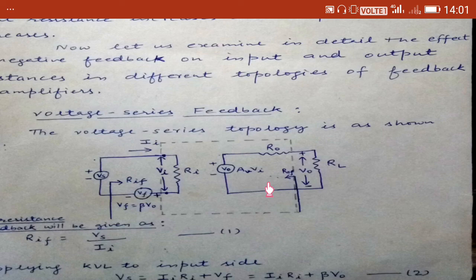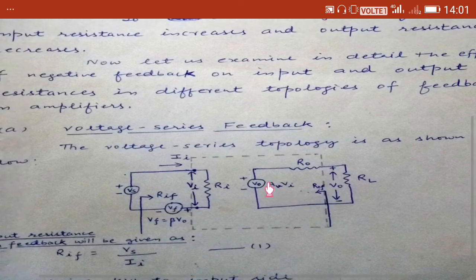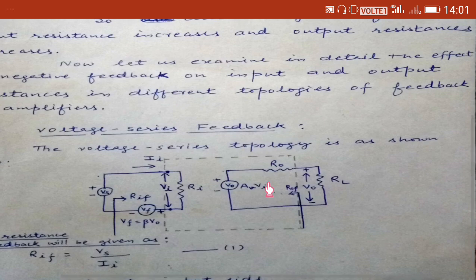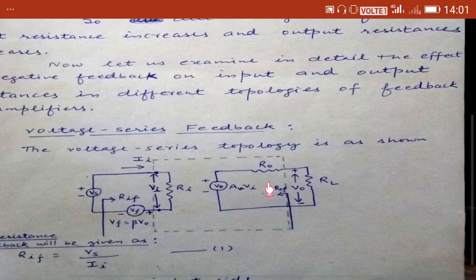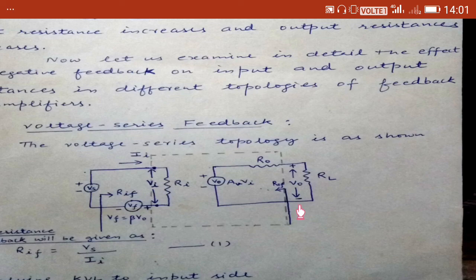So what is ROF? ROF is this. And what is R naught? R naught is this. What is the relationship between ROF and R naught? You can easily look into the circuit and conclude that ROF is basically the parallel combination of R naught and RL.